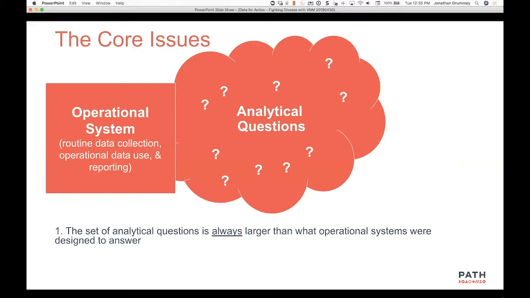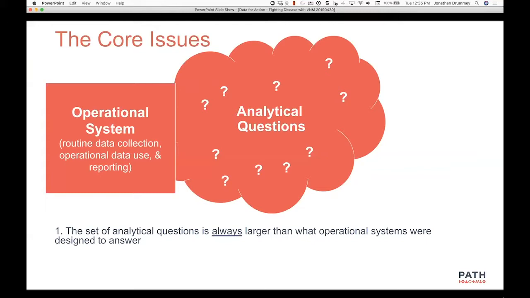So whether that's, we've got a system and we've got 10 years of data in that system and I want to do an analytical question that's going to go across 7 years worth of that data and the system won't let me pull it all out at once, for example. And there are very good reasons for that sometimes, like it would impose too much load on that operational system and impact other users' ability to do their jobs.